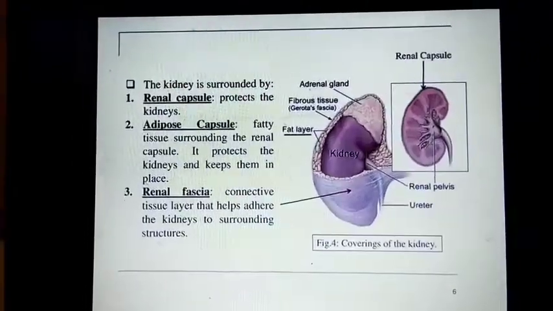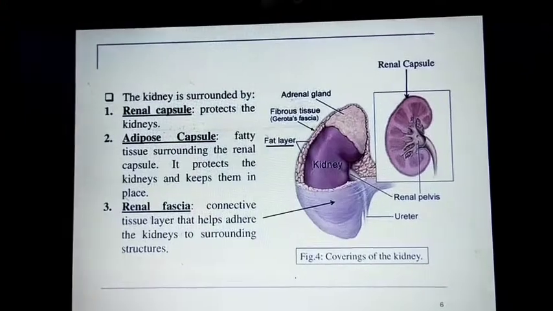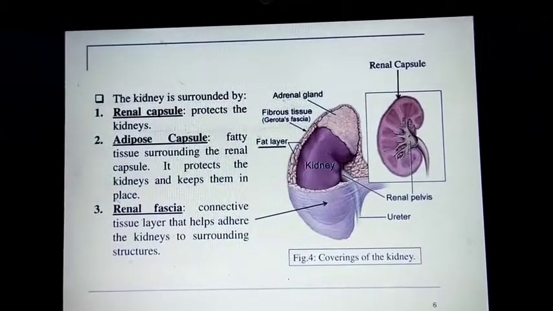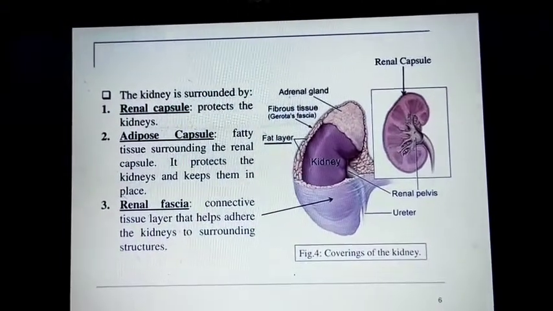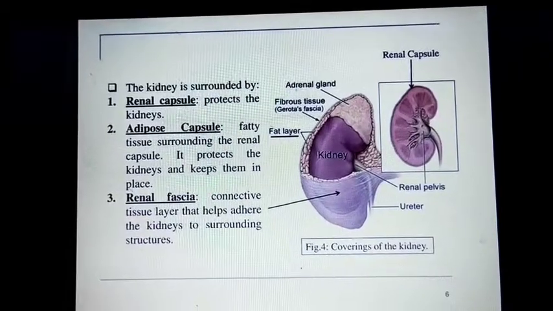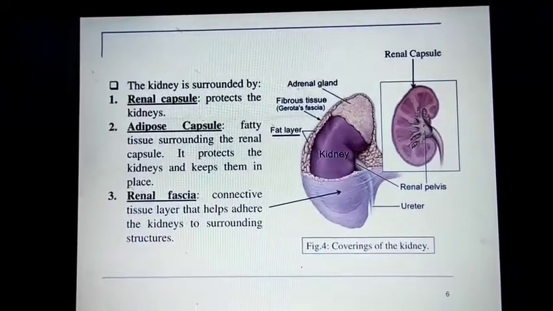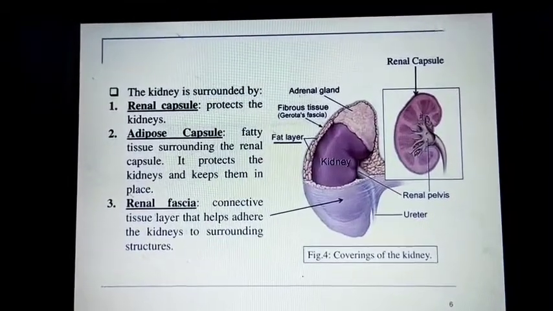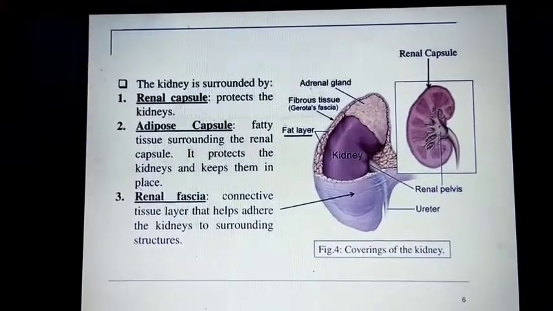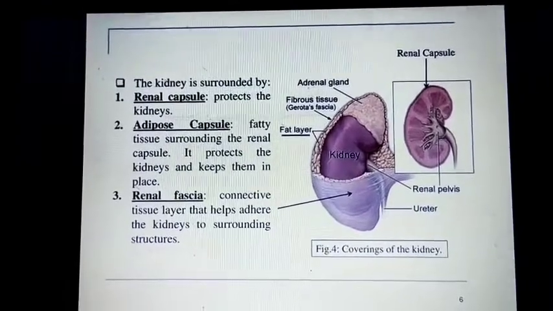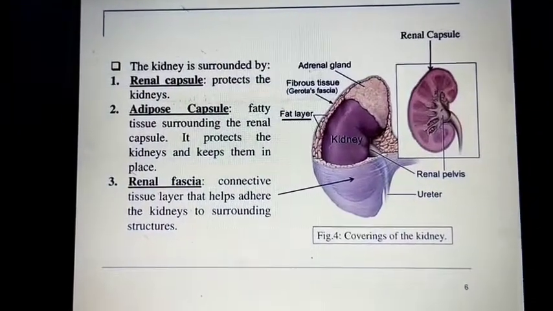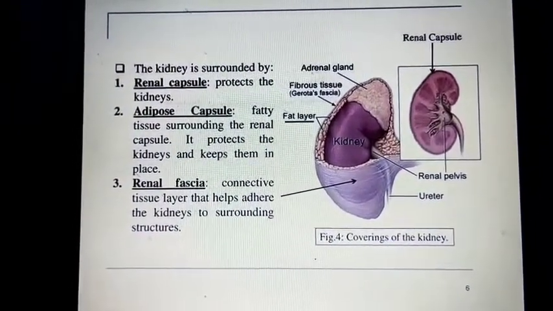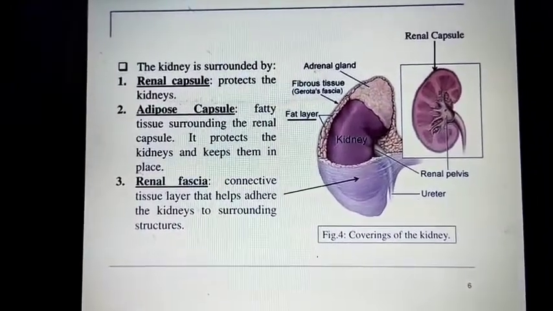The kidney is surrounded mainly by the renal capsule, which protects the kidney. The adipose capsule is fatty tissue surrounding the renal capsule; it protects the kidney and keeps it in place. Renal fascia, or fascia of Gerota, is a connective tissue layer that helps to adhere the kidney to surrounding structures.